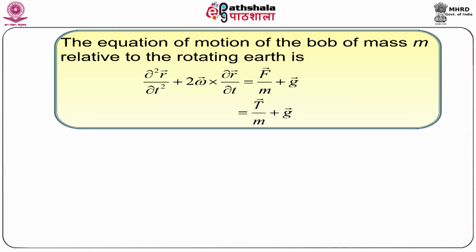In this case, it is equal to the tension of the string, that is capital T vector. Small g vector is the acceleration due to gravity. That is why we have replaced capital F vector by capital T vector and obtain the next line. Omega is the angular velocity, r vector is the position vector of the bob.